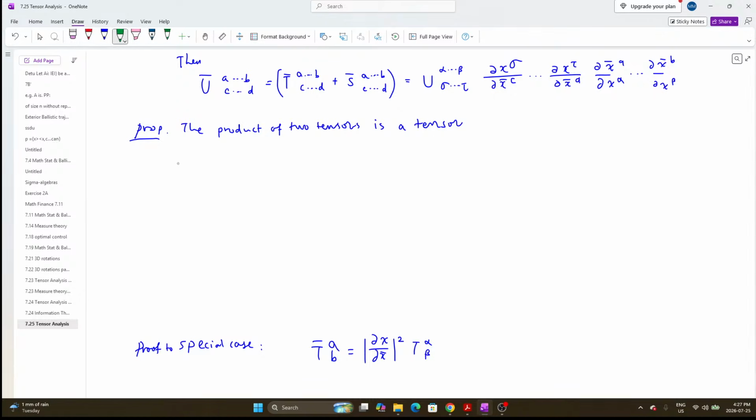So let's say you have a vector, say a1, a2, a3, and you want to multiply that with another tensor, say b11, b12, b21, b22.